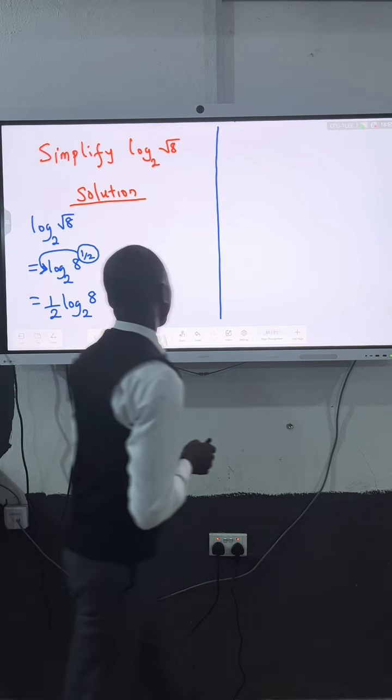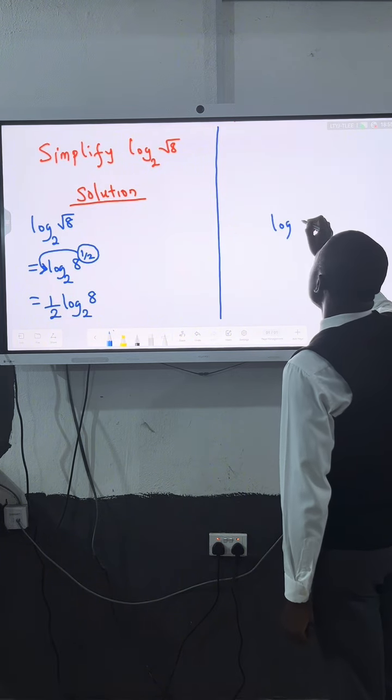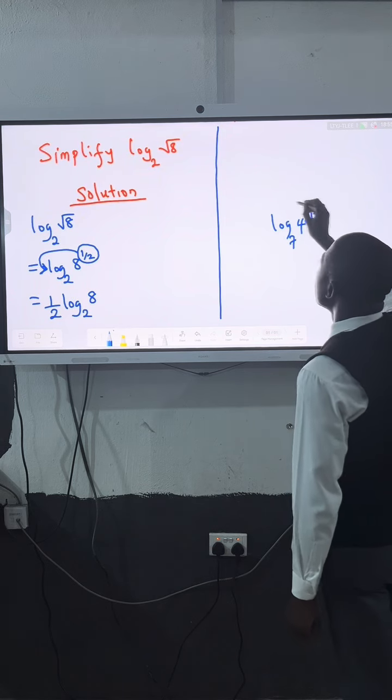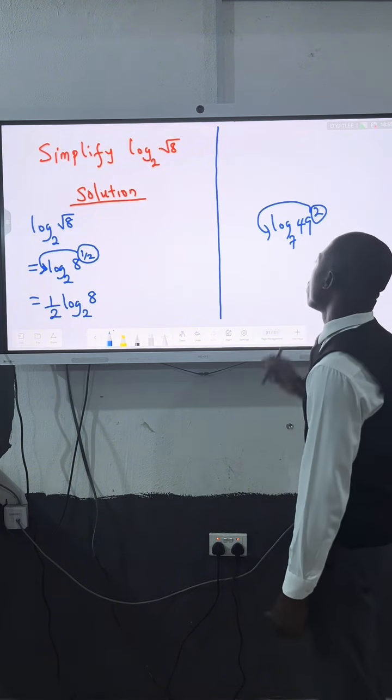Look at it, that's the rule. If you have log 49 to power 2, maybe base 7, this 2 will go to the back. Whatever number is there is meant to go to the back.